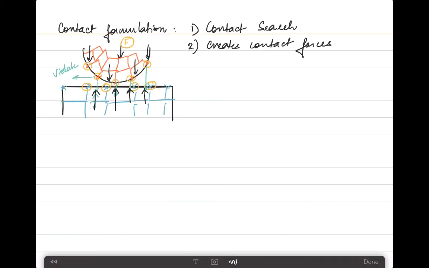Now once these contact forces are created, there have to be some limitations by which we can search for these nodes. So the definition of the searching algorithm will include a contact tolerance, which is going to be the minimum distance where you're going to search for contact, and the load increment is going to have a very big influence on the contact detection.